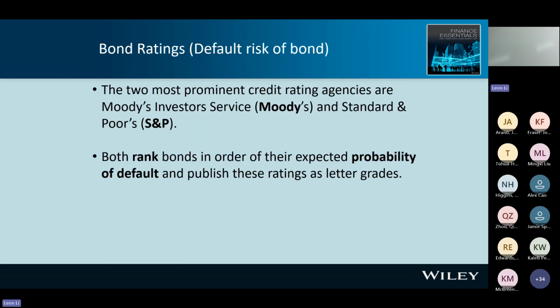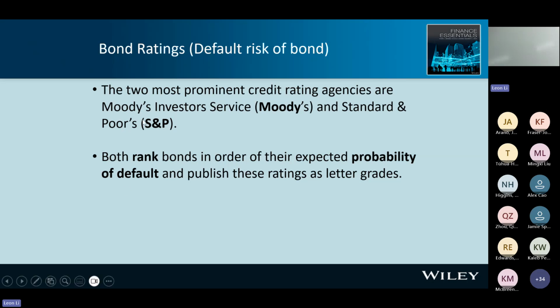So next slide, bond rating. In the market, we have bond rating companies to provide the default risk of bonds. So here we give you two bond rating companies, Moody's and S&P, right? They are bond rating companies in the United States.